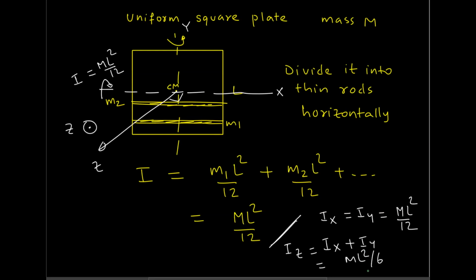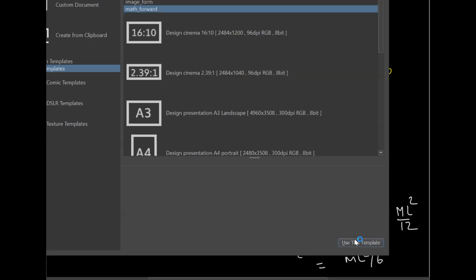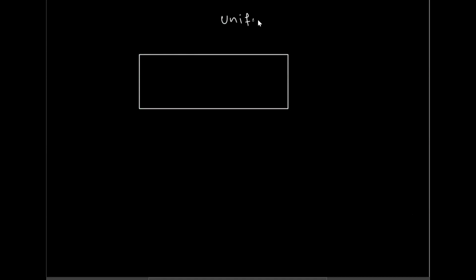Now, let me give one problem to you. Let's say I have a uniform rectangular plate.